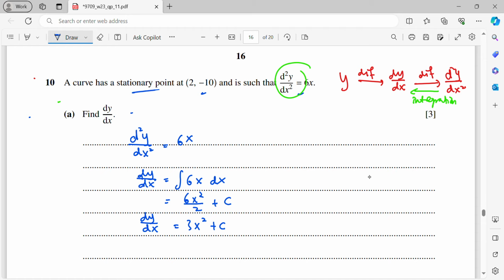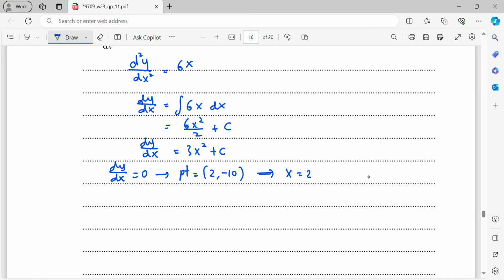when you look at the question, stationary points at (2, -10). So stationary points means when dy/dx is 0. The point is (2, -10), which means the x is 2. So now I replace dy/dx by 0 and x by 2.